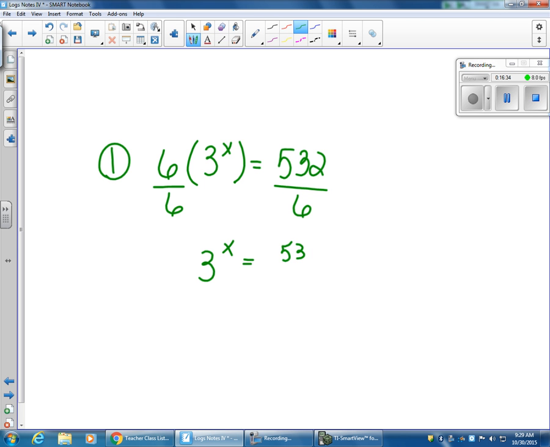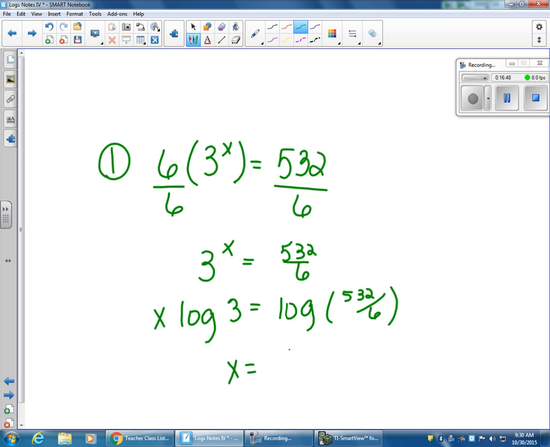You don't have to actually find the value. Then you can use the rules, taking log of both sides, and x comes out in front. Then you're going to divide by log of 3. So you can do this in a couple of steps in the calculator. But you don't actually have to find that value yet. You can do it here.